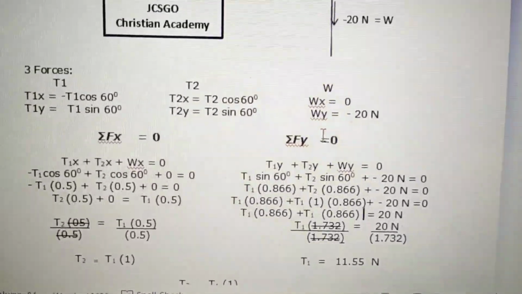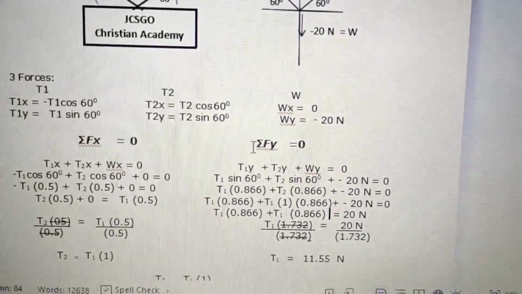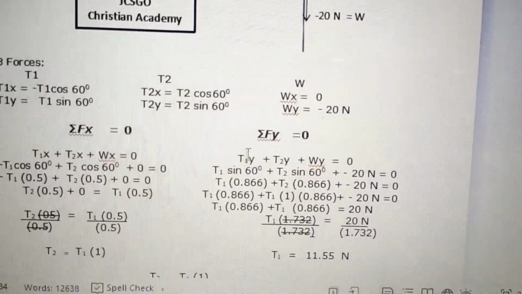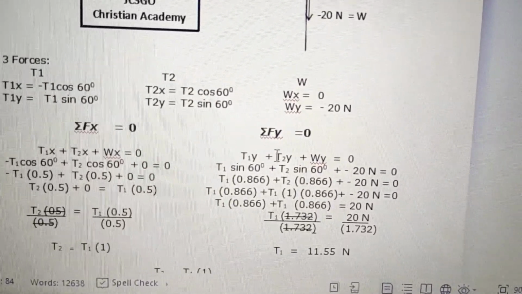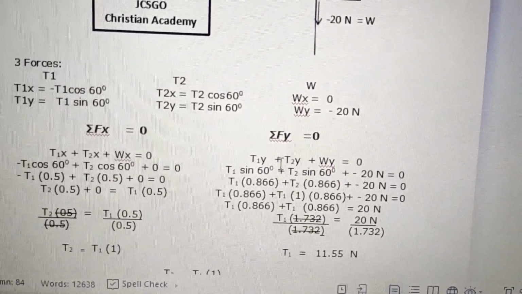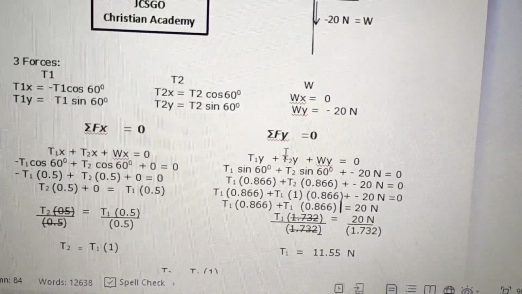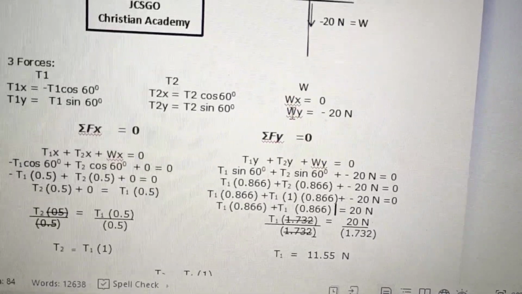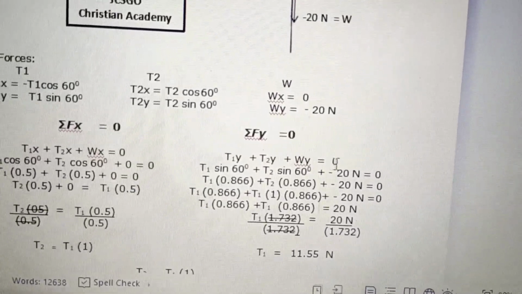We go and solve for the value of our y. Summation of all the forces in the y-axis is equal to 0. So we get again the value of all the forces acting on the y-axis. We have T1y plus T2y plus Wy is equal to 0.